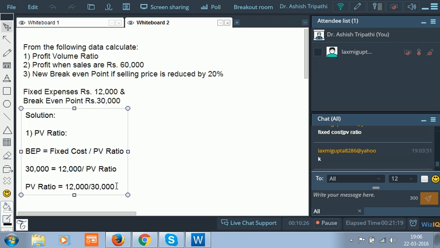So suppose if we calculate this, into 100, we'll have to do the whole into 100 because we are calculating percentage.